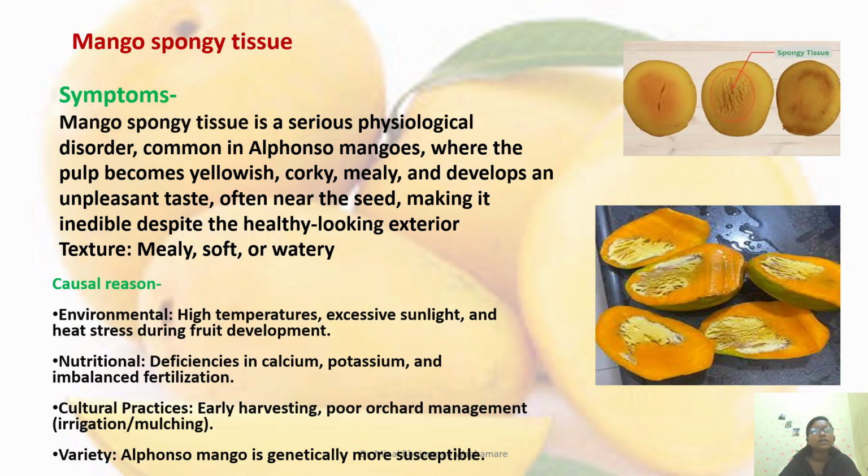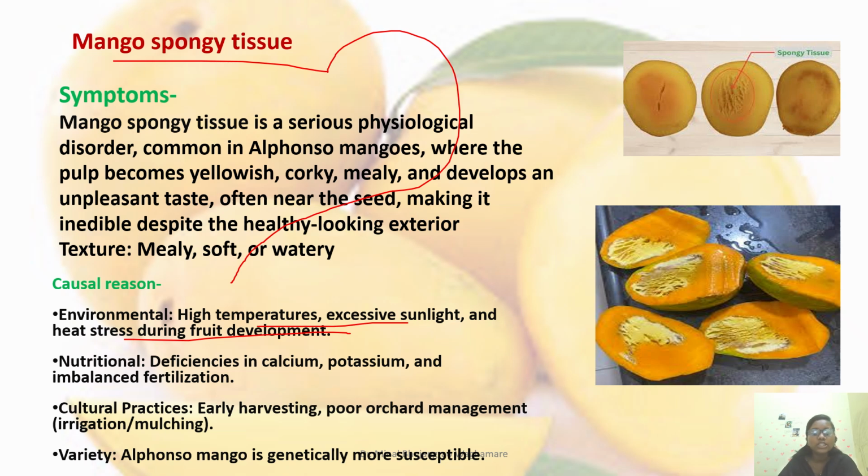Coming to the next disease, and the last disease of this part 1, that is mango spongy tissue. This disease is not caused by any causal organism, but by environmental, nutritional and cultural factors, that is, excessive high temperature and excessive sunlight. Such heat stress during fruit development leads to spongy tissue.